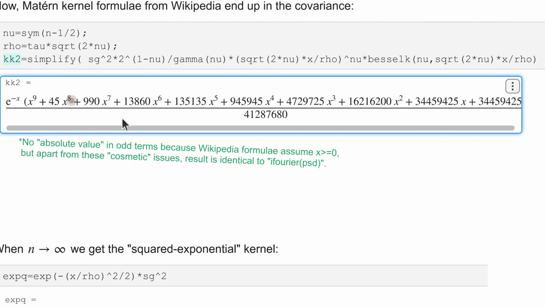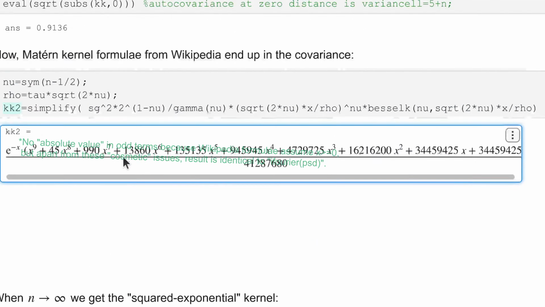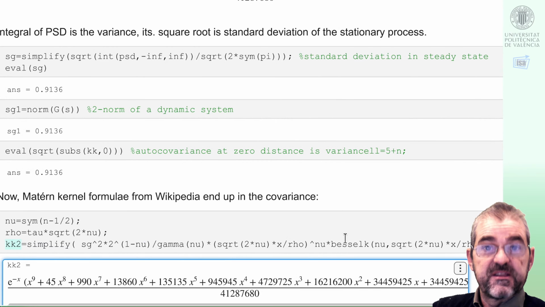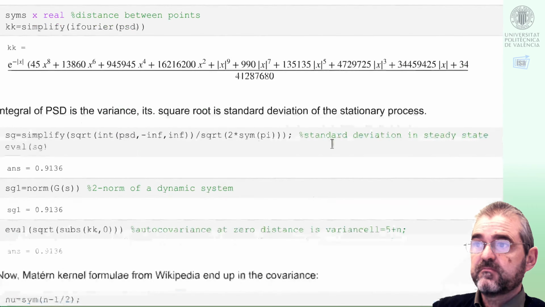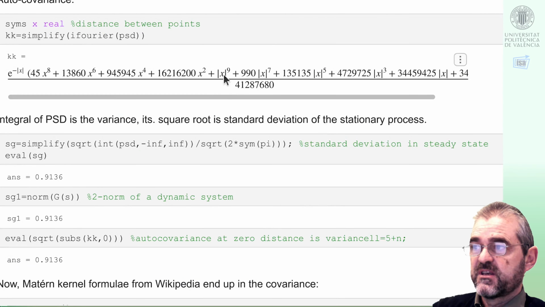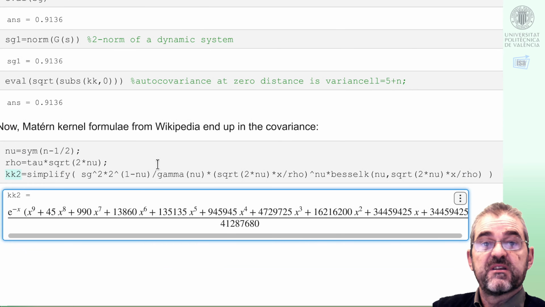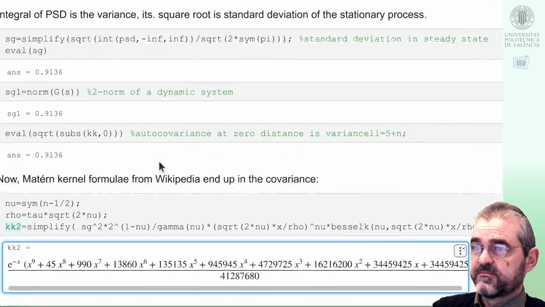Here we have absolute value of x because it must be symmetric on the abscissa axis. And for this formula here, just assume that x is positive. Same as here, we will plot together and they will just be copies of one another.